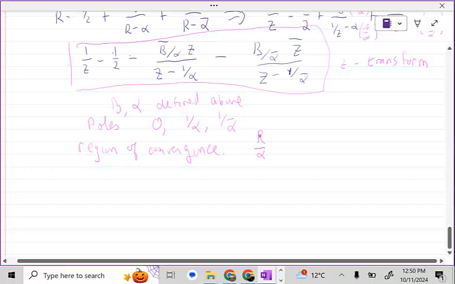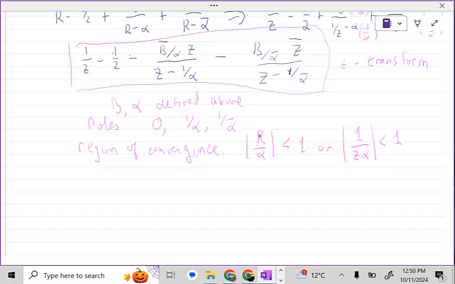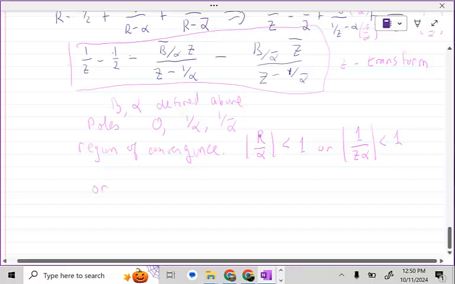If I have alpha conjugate, it has the same absolute value as alpha, so it only converges when this is less than 1. That's the same thing as saying 1 over z alpha is less than 1. And you can rearrange that to say that the absolute value of z has to be greater than 1 over alpha. The larger z is, the better this converges. So you need z to be bigger than 1 over alpha.